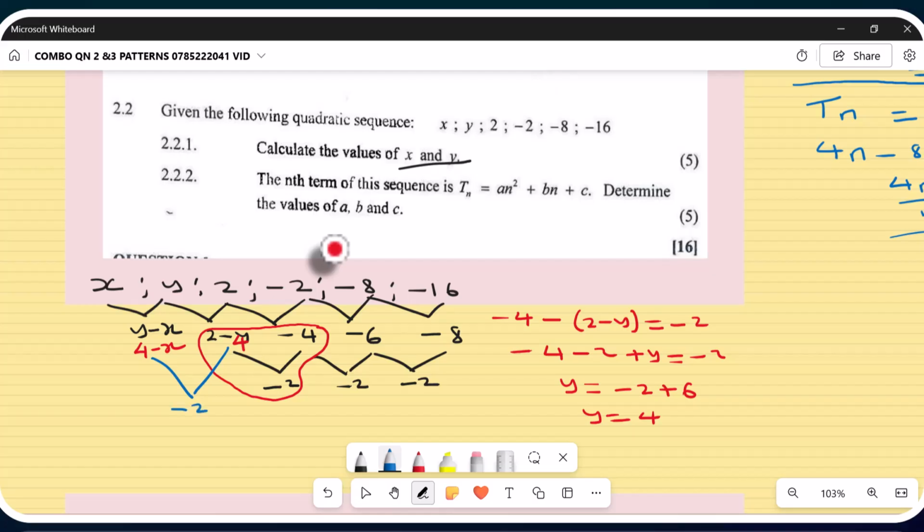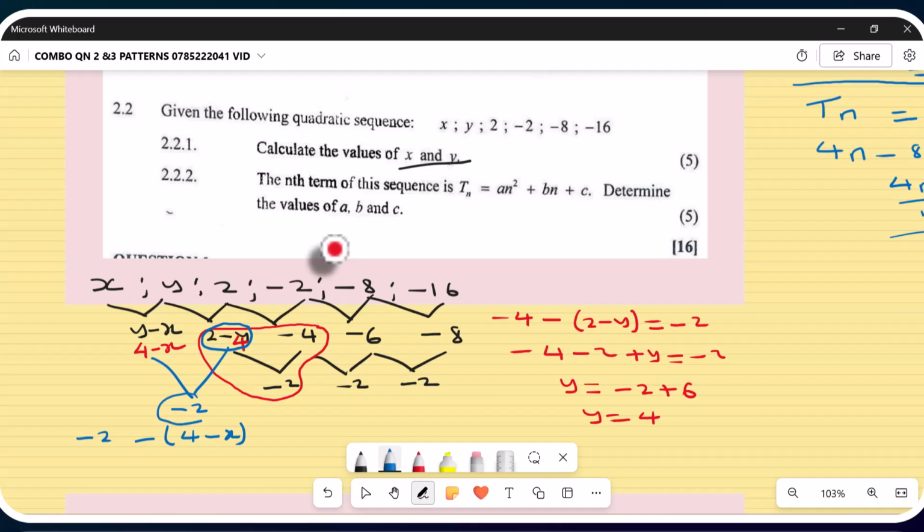Okay, and then from there we can get c. We know a is negative 1 and b is 3. We're looking for c now.